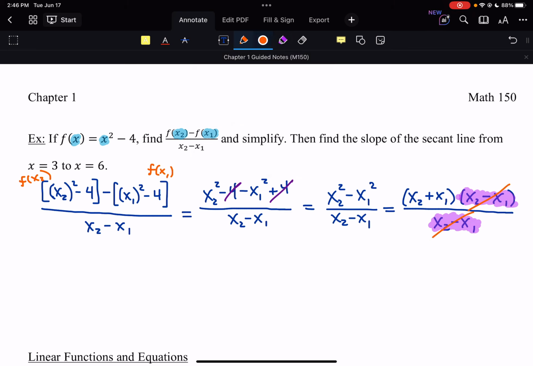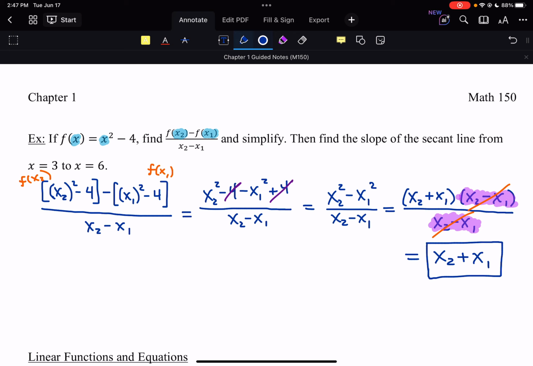So we just go like that. And that's just going to leave us with x2 plus x1, like that. So we got our difference quotient, and we simplified as much as possible.